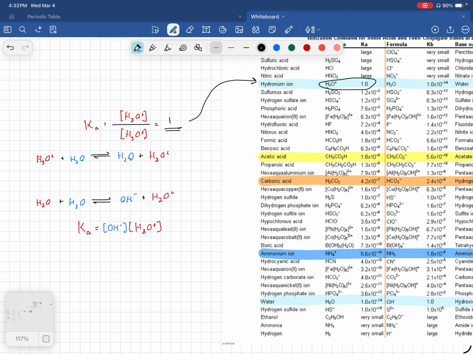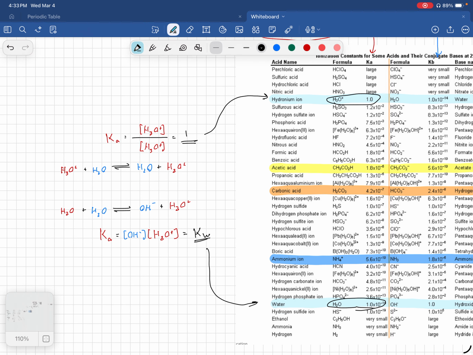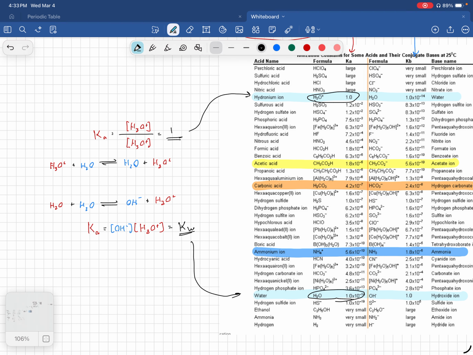Well, we know that is simply Kw, which we can see right here. We're going to see the same thing on the other side if we look at the base forms of things. Everything we're doing on the acid side is on the base side just flipped.